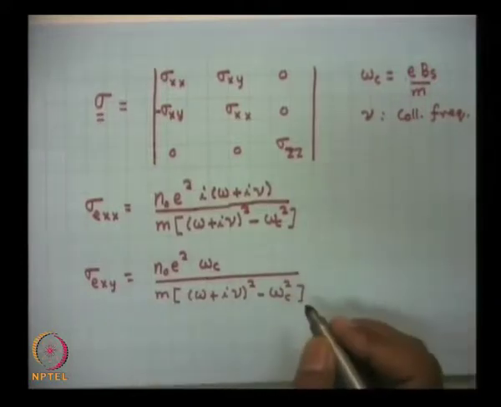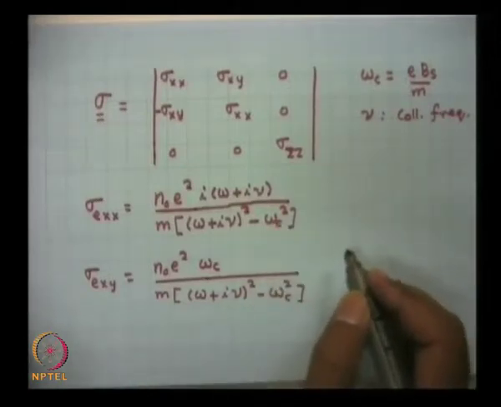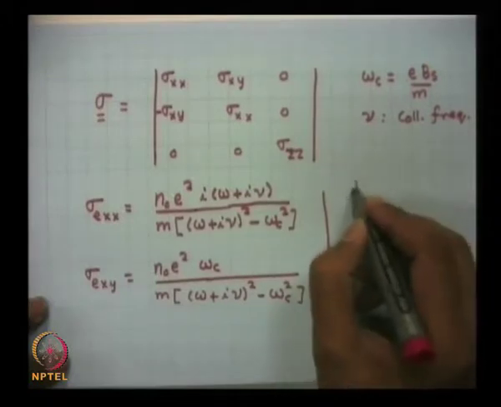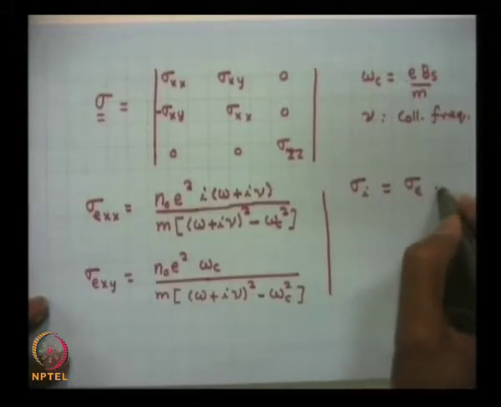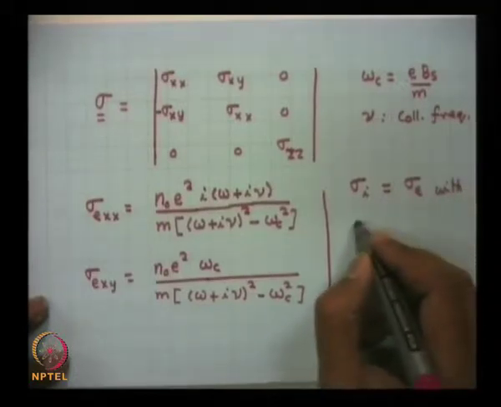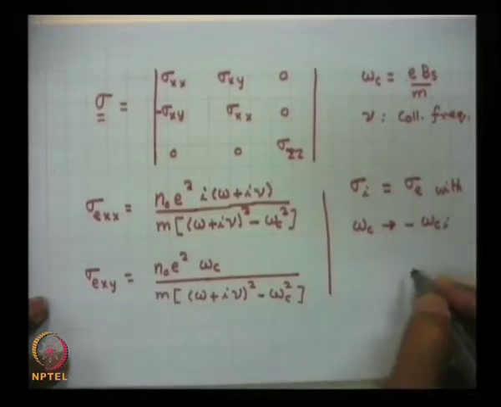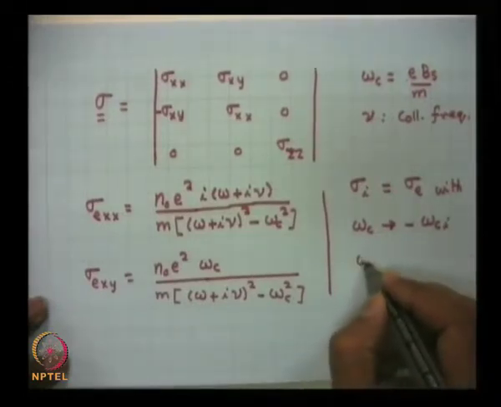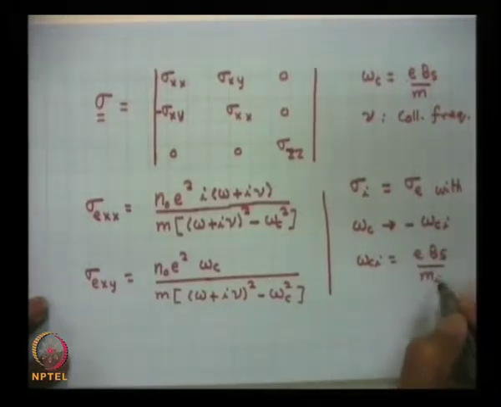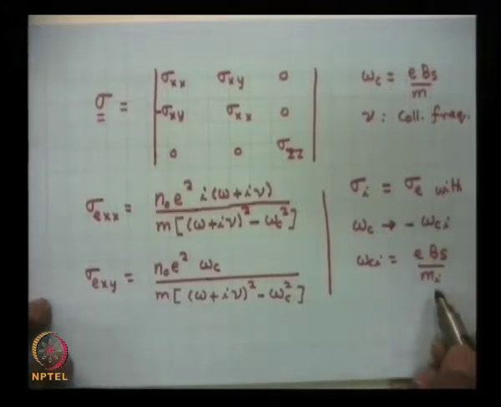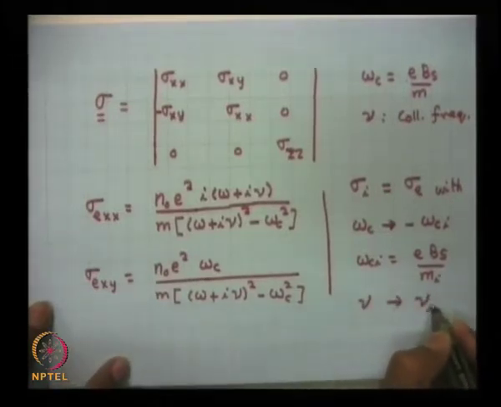You can define similar terms for ions. So, sigma for ions is equal to sigma of the electrons with the following changes: omega c goes to minus omega c i, the ion cyclotron frequency, defined as omega c i equal to e B upon M i, where e is the magnitude of ion charge and M i is the ion mass, and nu is to be replaced by the ion collision frequency.